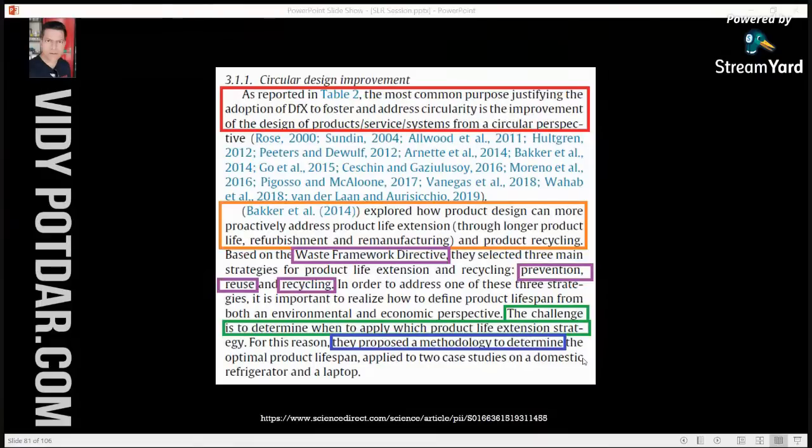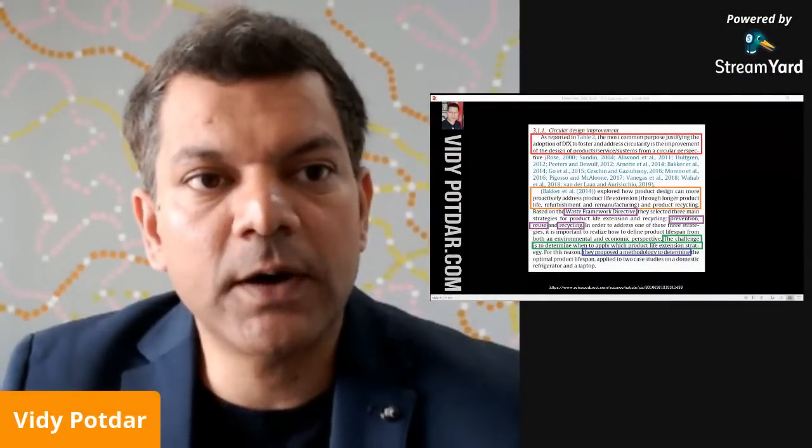Firstly, they have said what is the contribution, what they have done, what framework or methodology they have used. So they have used the waste framework directive, and what was the problem that they were addressing and how they have solved that problem. So those four items are kind of covered in this summary.